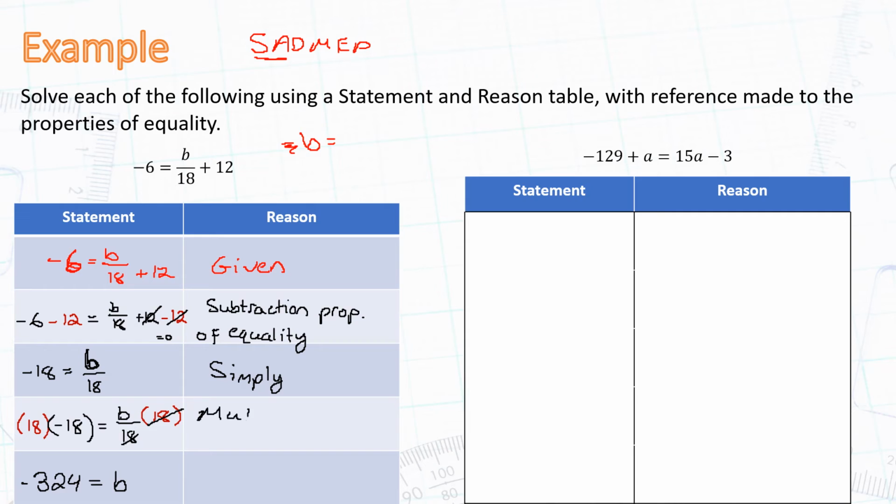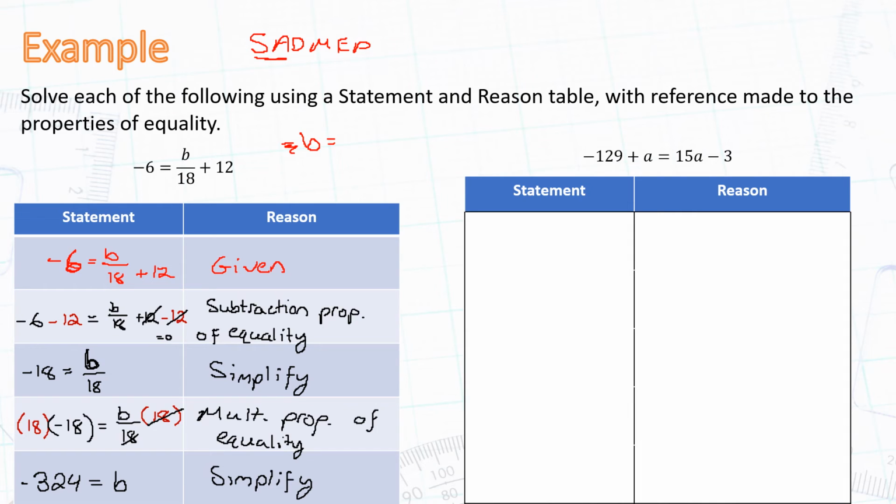So this is the multiplication property of equality. And then finally, we also simplified again. So we crossed out and combined like terms. I just realized I wrote simply up here. Simplify. There.